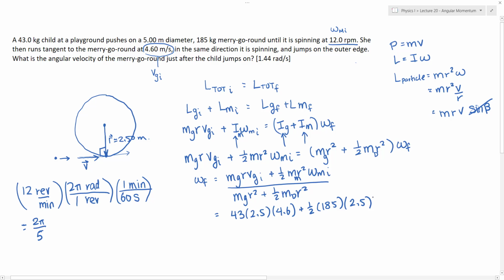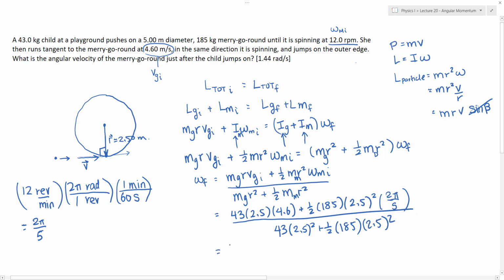So now I have 1/2 mass of the merry-go-round, r squared, and then omega of the merry-go-round, which is 2 pi over 5, over mass of the girl is 43. The r is still 2.5 squared plus 1/2 mass of the, I wrote D for disc, but I'm going to change that to merry-go-round. So that's 185. R is 2.5 squared.